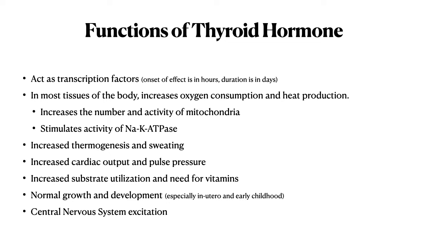Next, the third bullet, it causes increased thermogenesis and sweating. Remember that when I talked about the hypothalamic pituitary thyroid axis, one of the stimulus is exposure of the organism or the patient to a cold environment. And so, via the action of thyroid hormone, that organism or patient will be able to adapt to the cold environment because of increased thermogenesis and sweating.